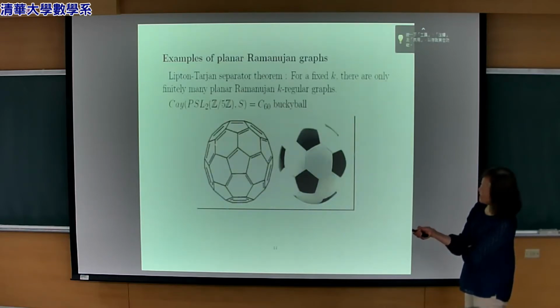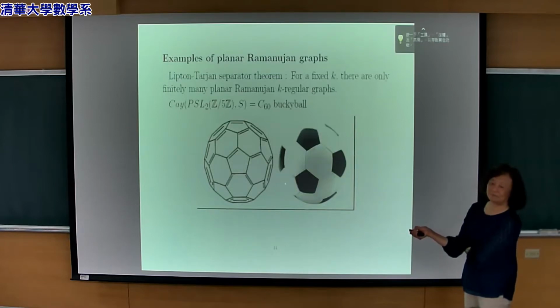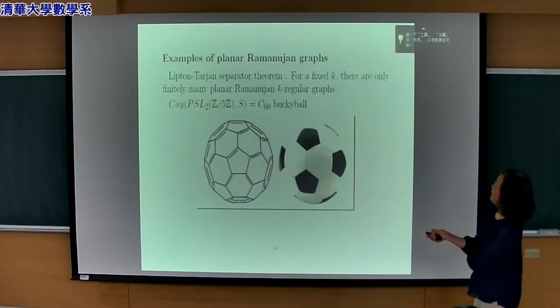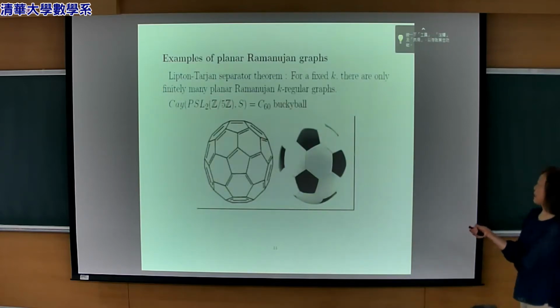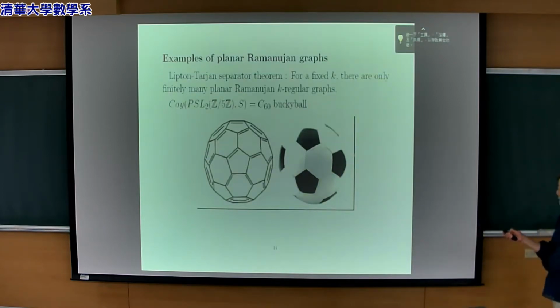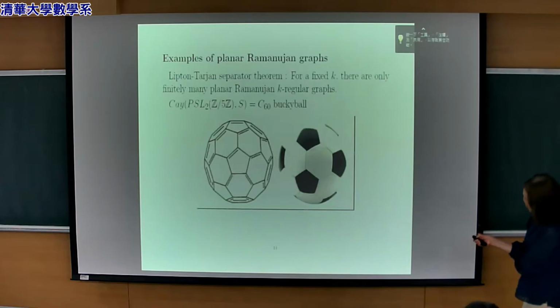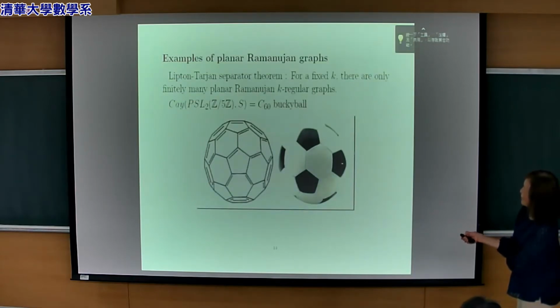This is the most studied fullerene in chemistry. And another way to see this is that the 60 vertices of this graph actually represent the elements of a PSO2 over a field of 5 elements. Okay, so there's a nice structure for this Ramanujan graph. So you see that on this surface we have glued together a bunch of hexagons and pentagons.